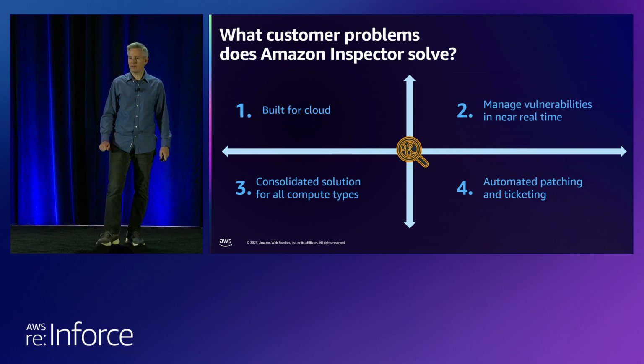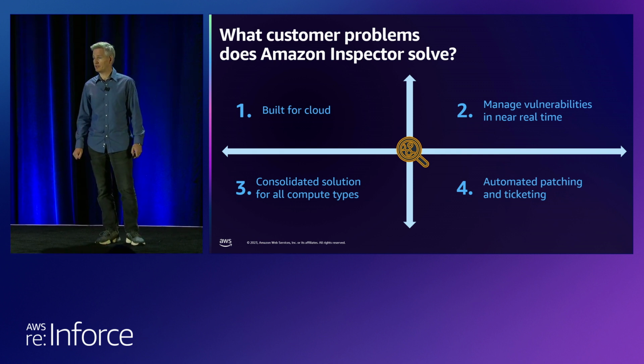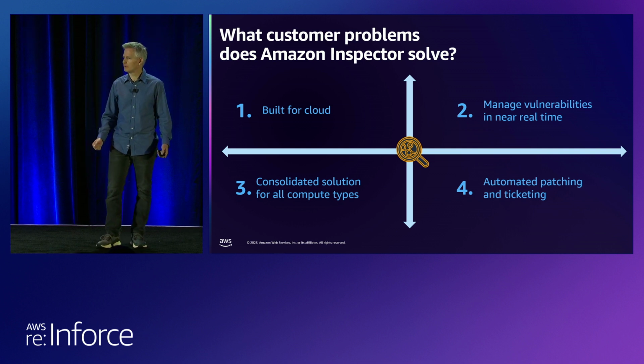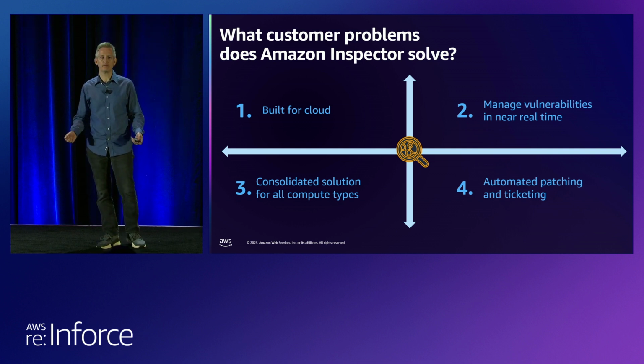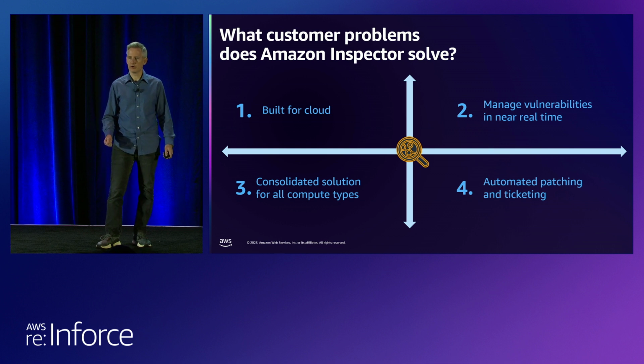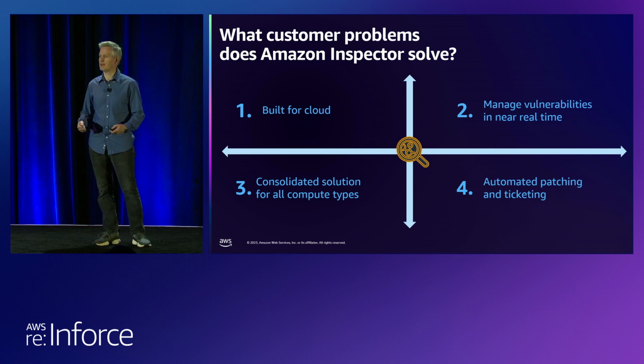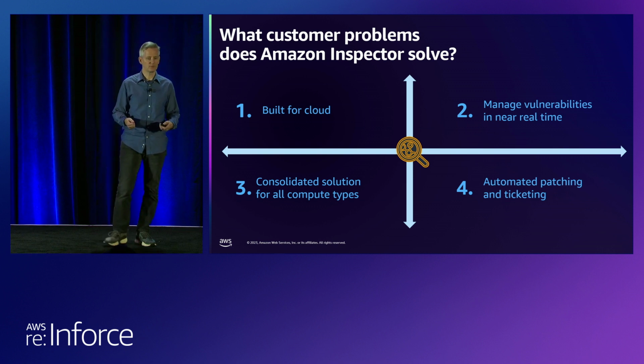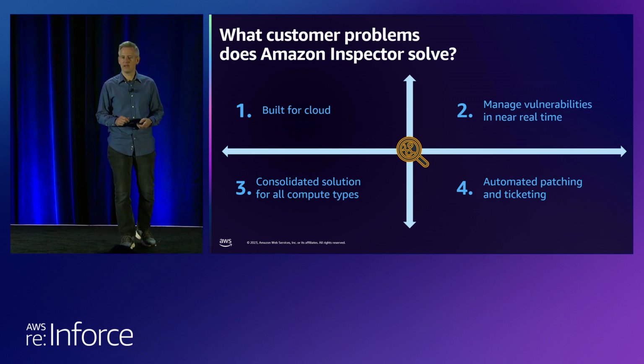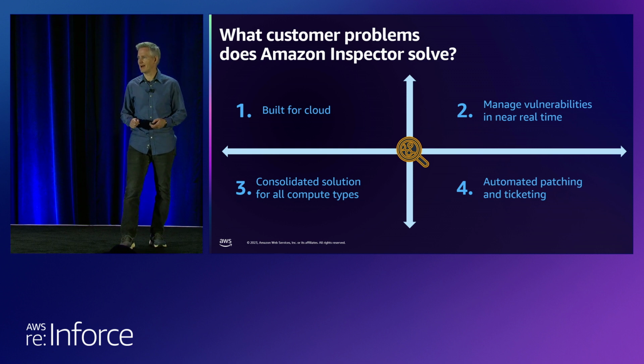So when we went to create the new Amazon Inspector, we went out and we talked to customers, and we really just said, hey, what problems are you trying to solve? What are some of the things that the traditional VM tools just are not doing for you? And some of the things that customers told us is, number one, they want products that are built for the cloud.